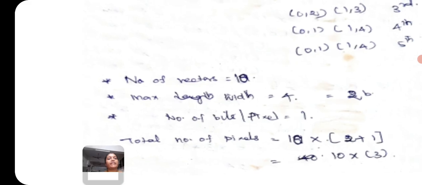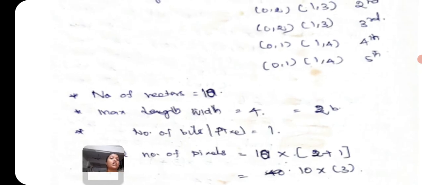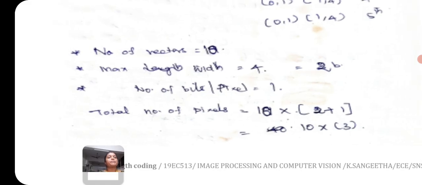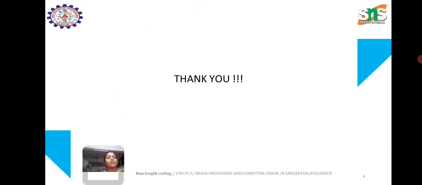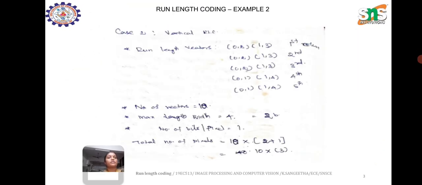The total number of vectors is 10, the maximum length, that is width, is 4, and the number of bytes per pixel is 1. So the total is 10 into 2 plus 1, that is 30. So the first, horizontal-wise projection, is more advantageous than the vertical-wise.